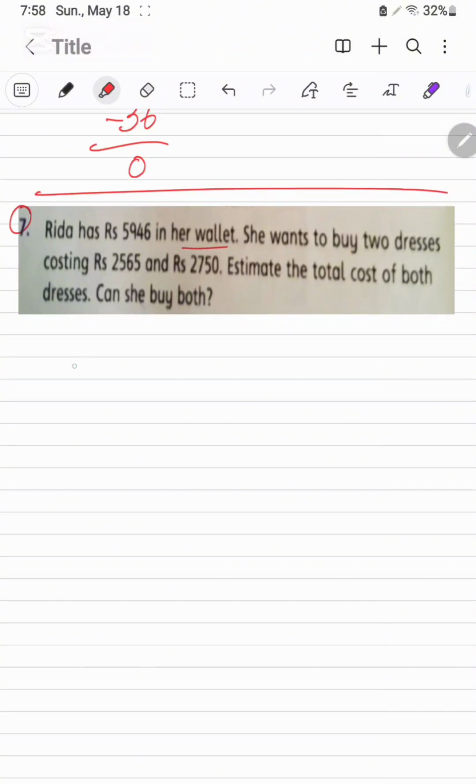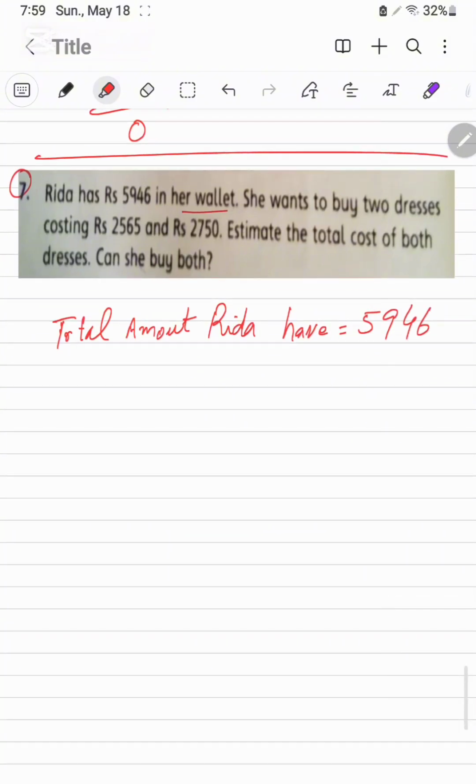So total amount in purse. Total amount Rida have, it is 5,946.